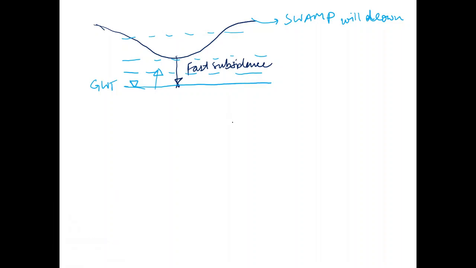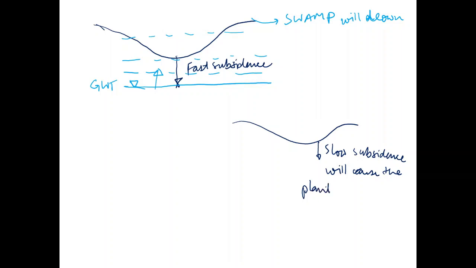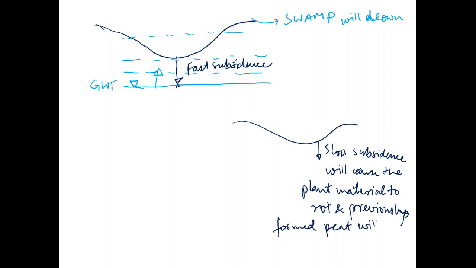If the subsidence is very slow, in that case, slow subsidence will cause the plant material to rot or decompose, and previously formed peat will be eroded.